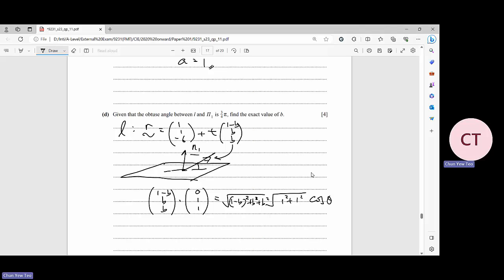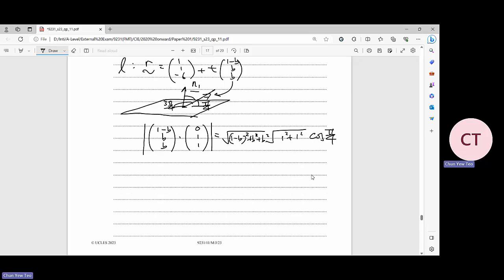Okay. So I think I will use modulus. Because the question is giving you 3 pi over 4, so I want to use obtuse angle, so I use pi over 4. Pi over 4 means 45 degrees. That means this one is also 45 degrees, so this one is also pi over 4.